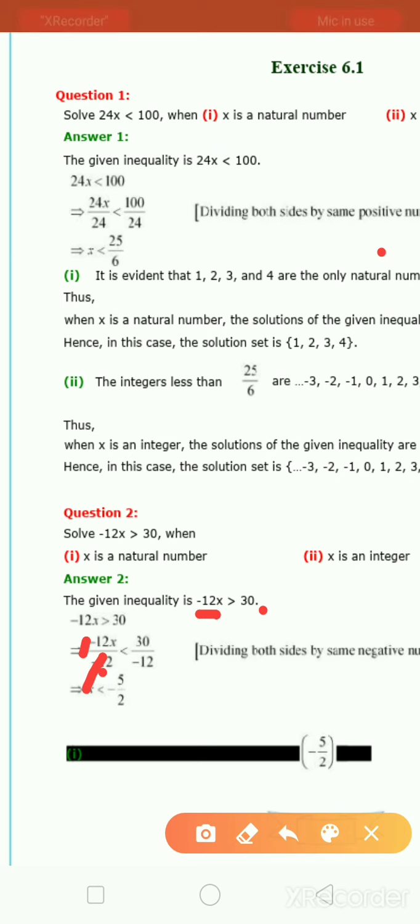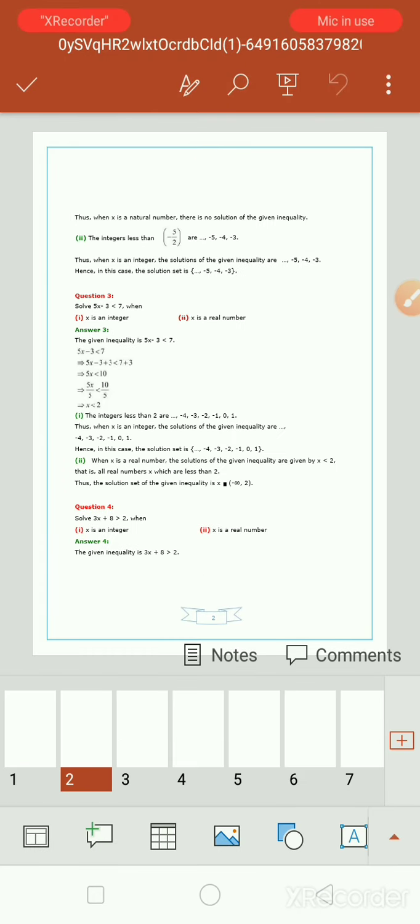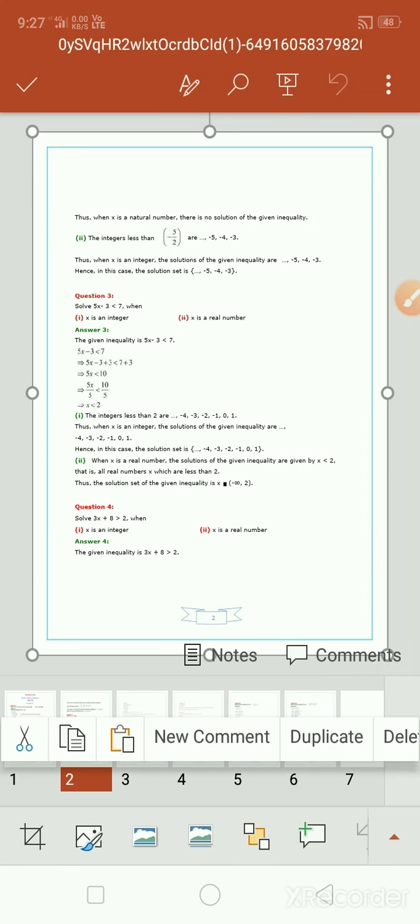First, x is a natural number. Which are the natural numbers? 1, 2, 3, 4. But here you will find the negative sign. The negative value is not a natural number, right?